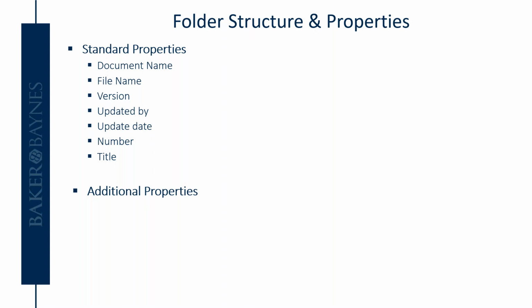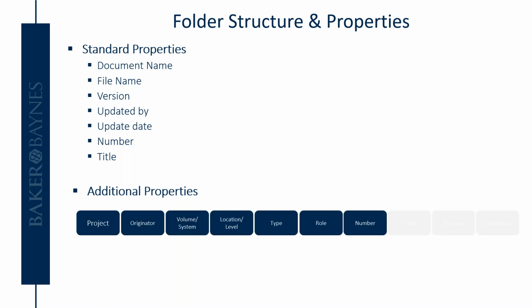Now, there are a couple of additional properties that you might want to consider adding, specifically, again, if you are working in line with your ISO standards and you're using the BS 1192 naming convention.